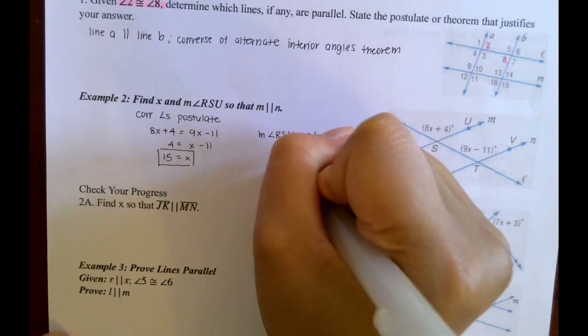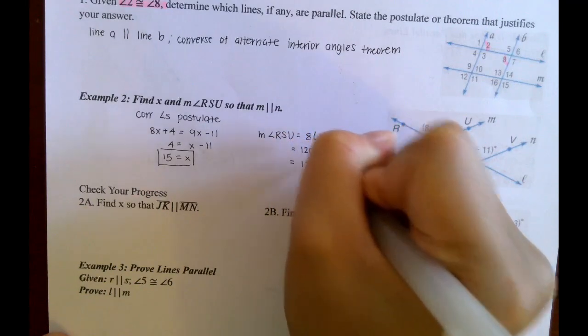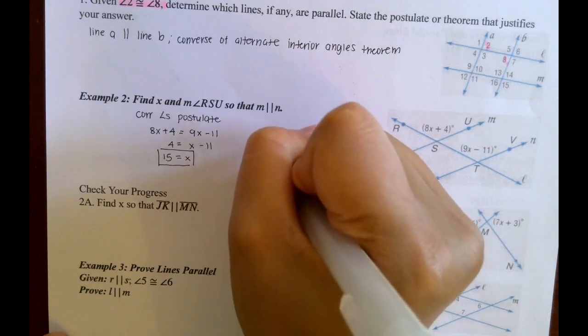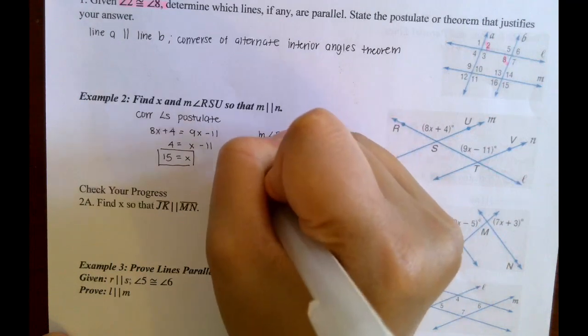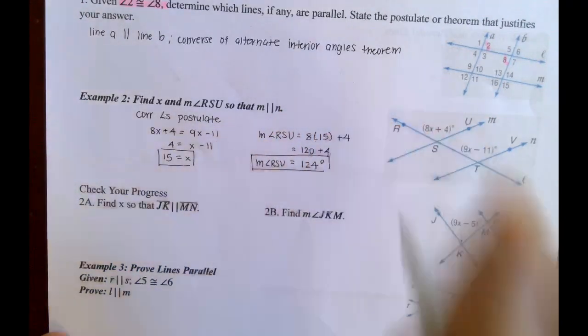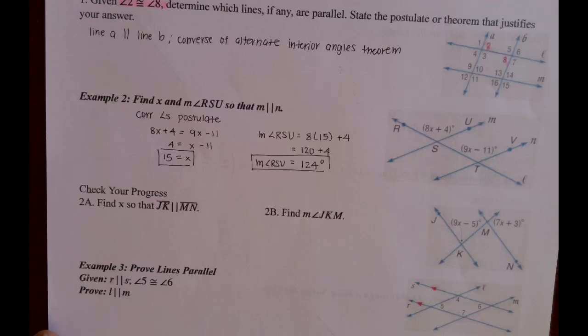And 120 plus 4 is 124. And so the measure of angle RSU is 124 degrees. Okay. And there you go.